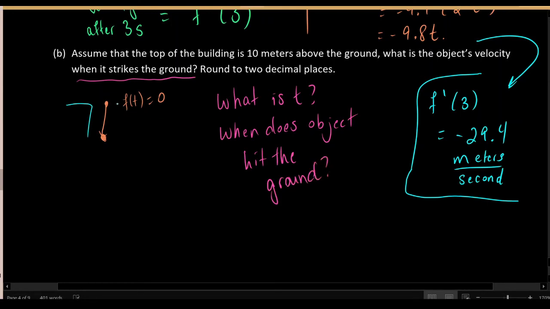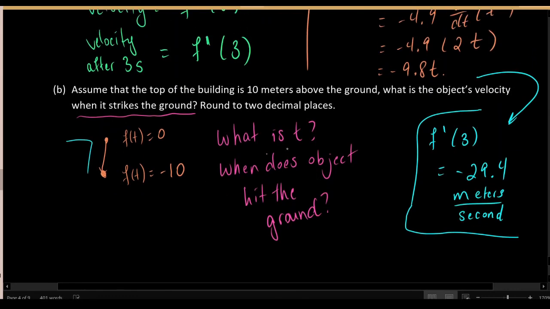I have agreed that the starting position, the position which will be called 0, is here at the top of the building. When the object hits the ground and is at the bottom of the building, the position of the object is now going to be negative 10. Why negative 10?